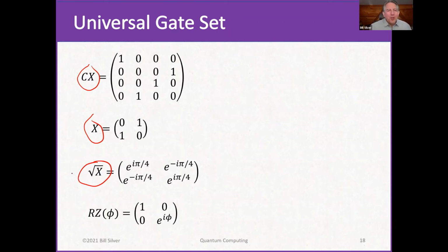And the reason it's called the square root of X gate is if you multiply it by itself, you get the X gate. It's kind of interesting that you can have a square root of X gate, but you can. And then there's this RZ gate here, which is a parameterized gate. It takes a parameter phi and it applies a phase to one of the components of the gate. So that's what this thing does.